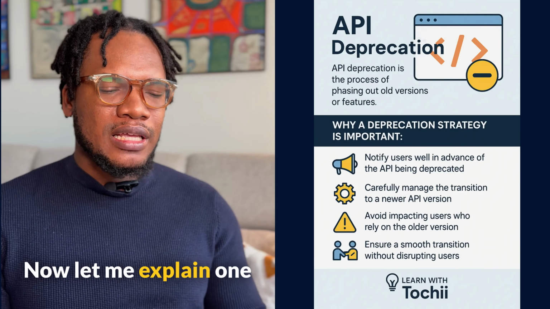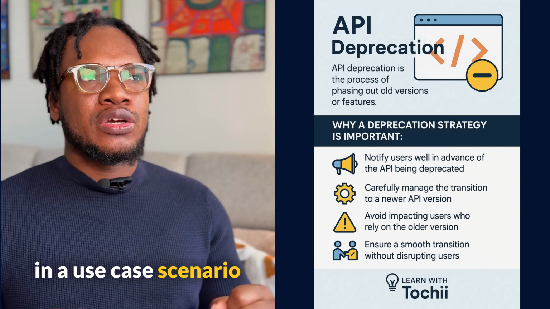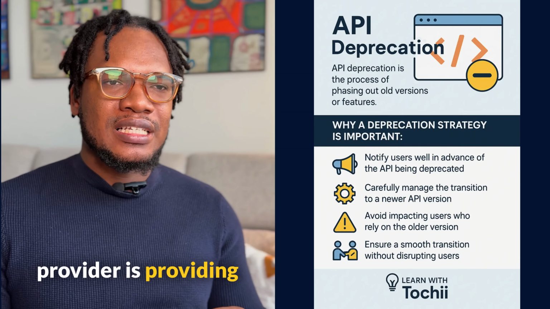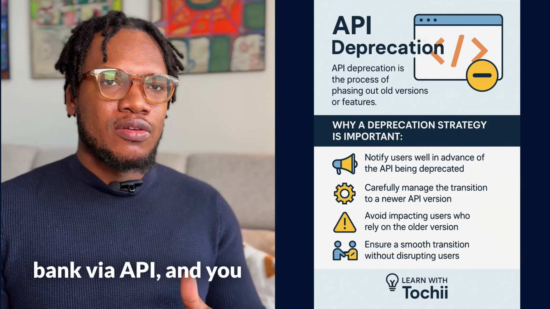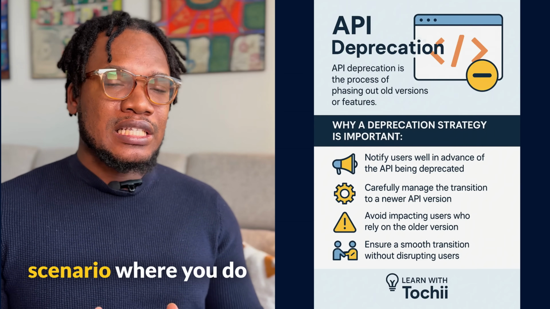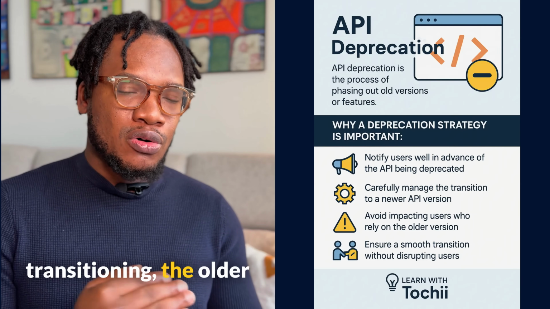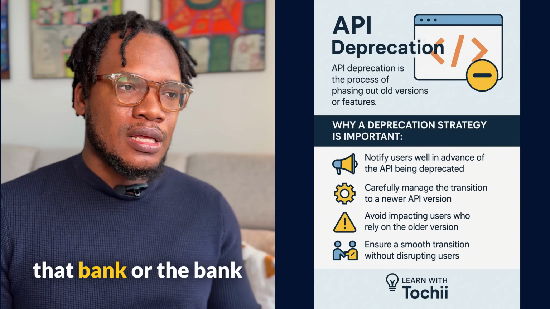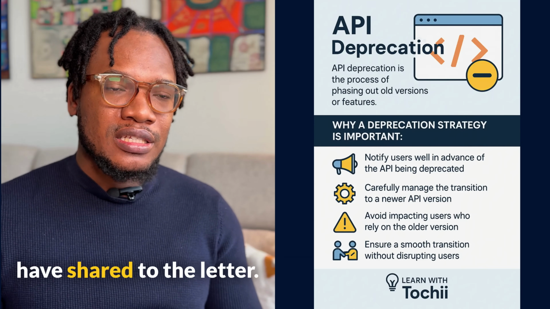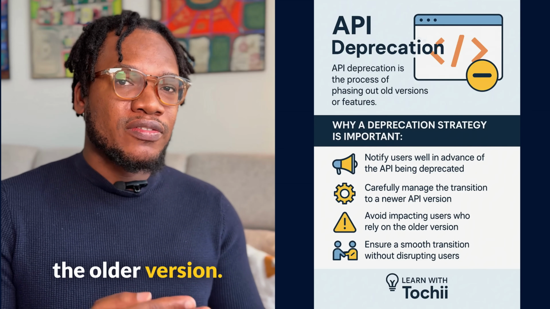Now, let me explain one of the reasons why this is super important. In a use case scenario where a payment service provider is providing certain services to a bank via API, and you version that API, if you do not pay attention to transitioning the bank off the older version, or the bank doesn't adhere to the instructions that you have shared to the letter, they will keep using the older version.